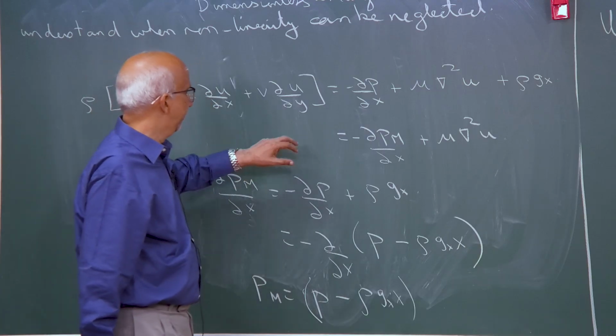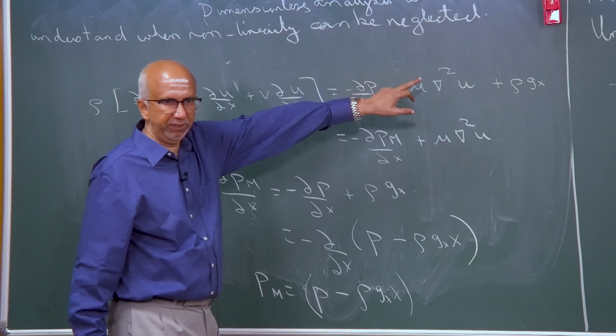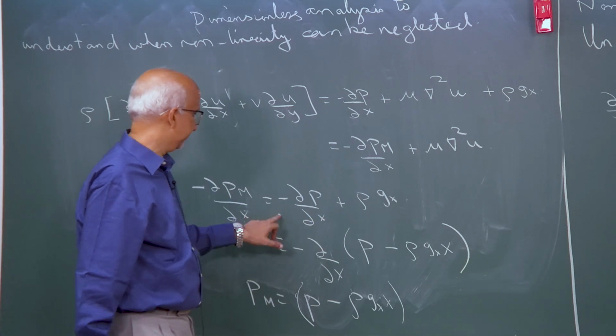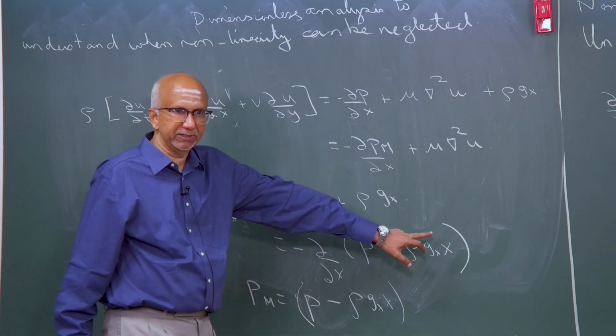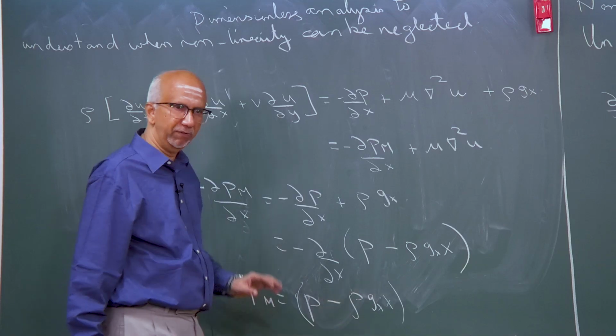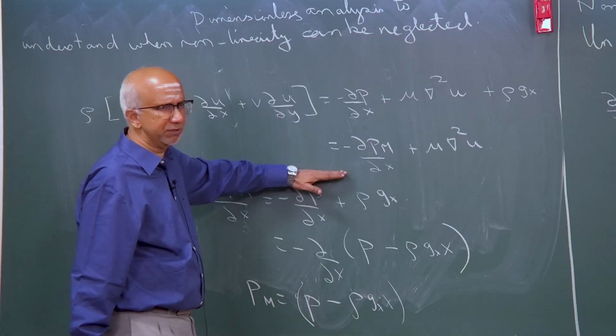All I have done is combined the pressure term with the gravity term and taken the minus sign out. This is like a hydrostatic pressure which I am trying to subtract, and this is my modified pressure. So I am going to use this equation.